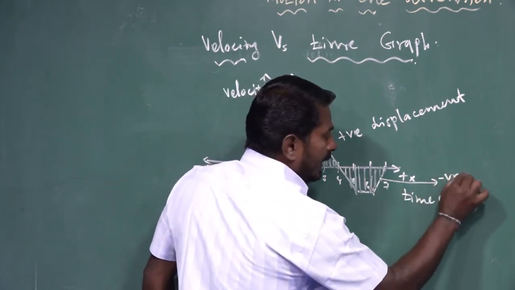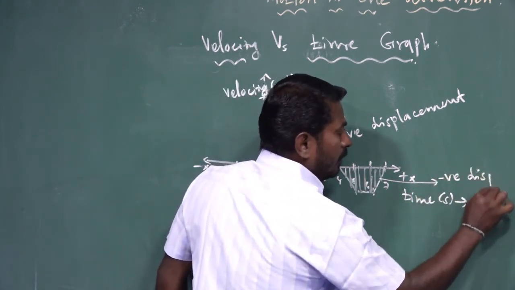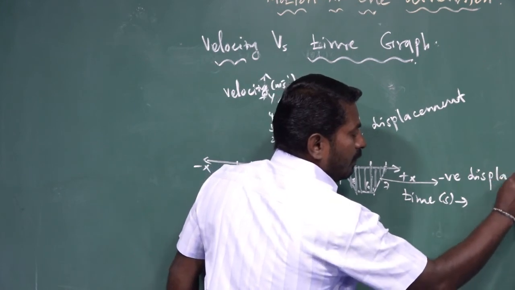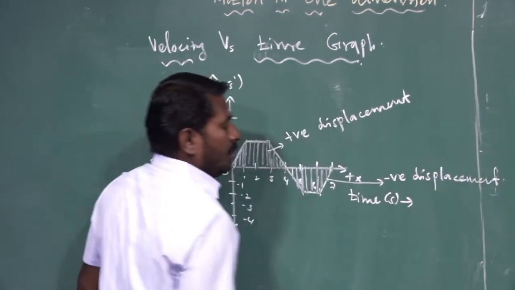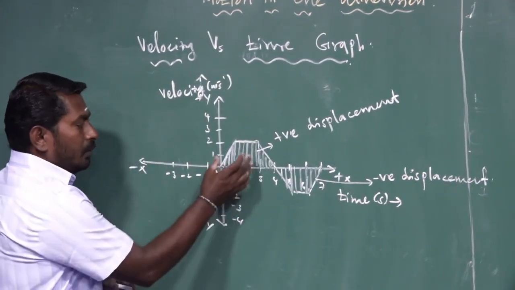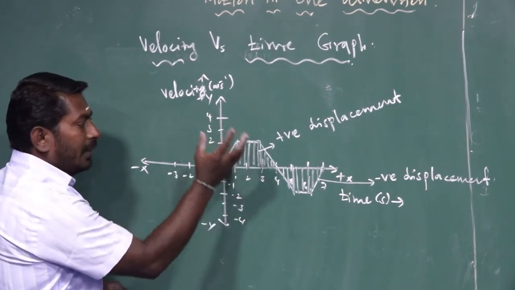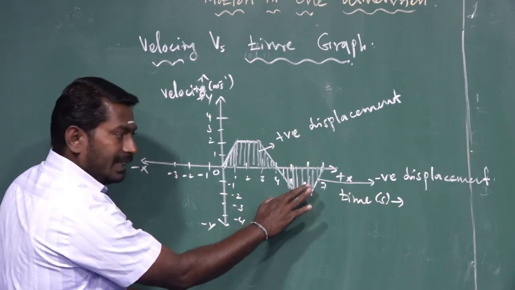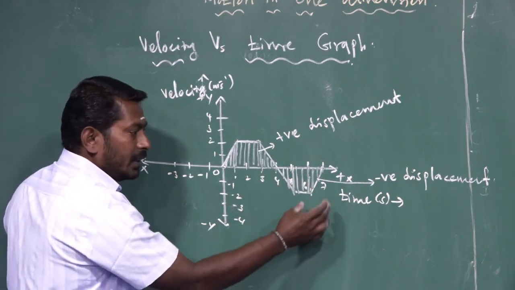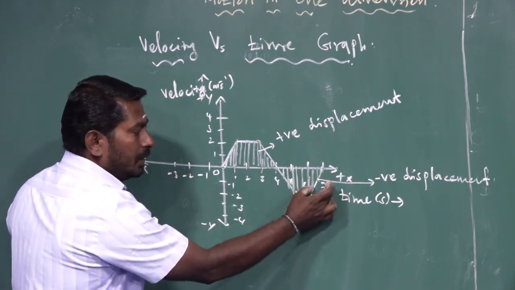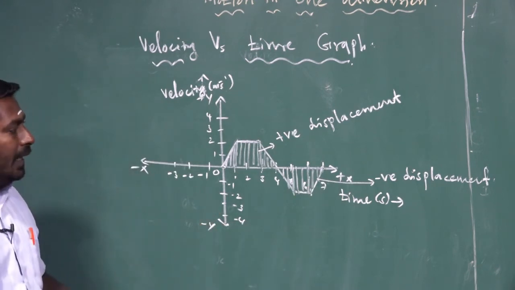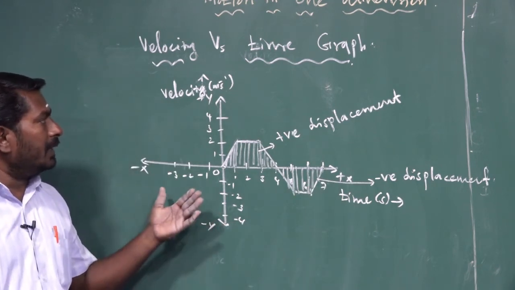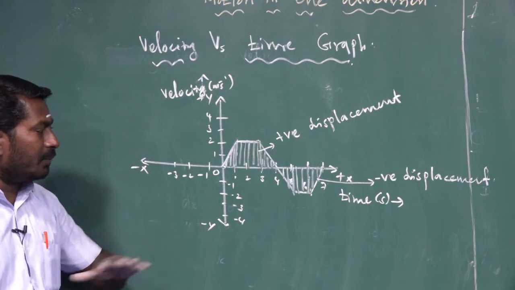It is negative displacement. So if your body is traveling along the positive x-axis, it is positive displacement. If your body is traveling along the negative direction or negative x-axis, it is a negative displacement. So displacement is either positive or negative depending upon the velocity versus time graph.